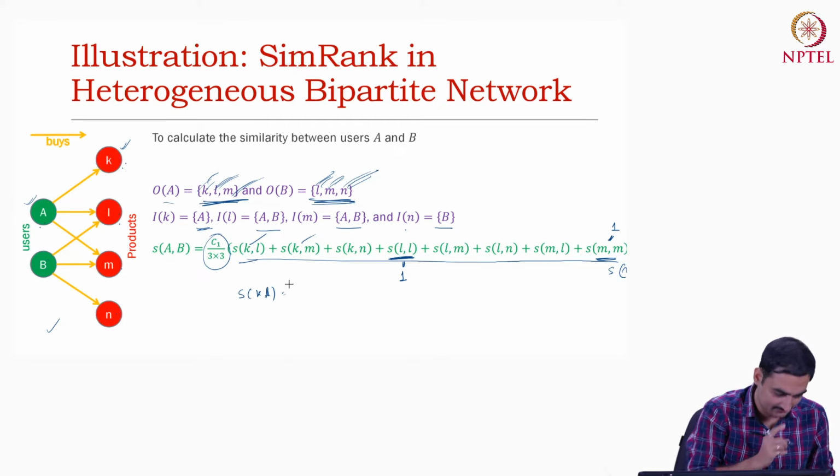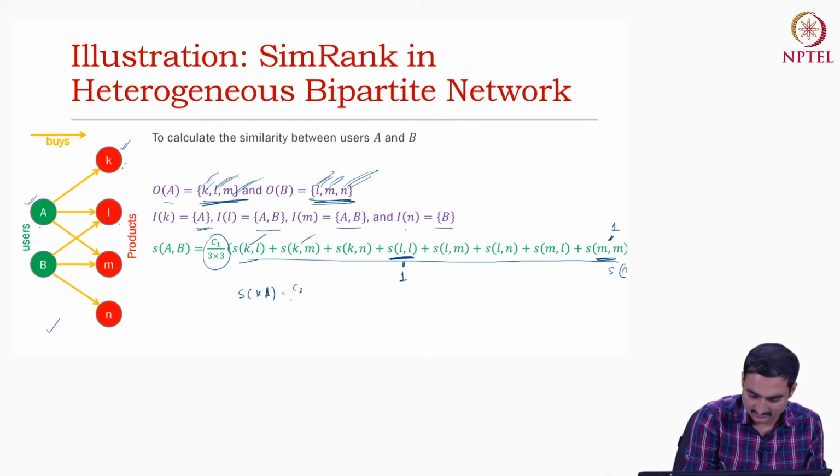S of KL is some sort of C2 times the sum over the inward neighbors.